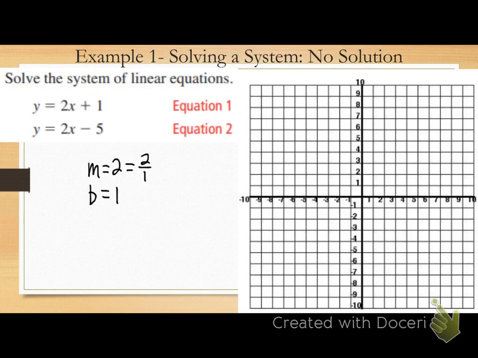What do we graph first? The y-intercept is crossing my y-axis at 1. So go up 1 on the y-axis, put a point. Slope, it's 2 over 1. Rise over run, positive 2 over positive 1. Which two directions, how many units?